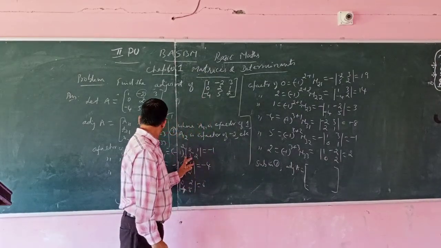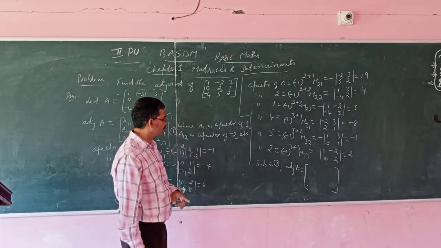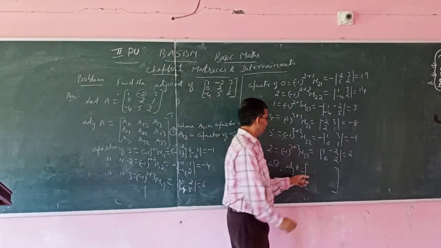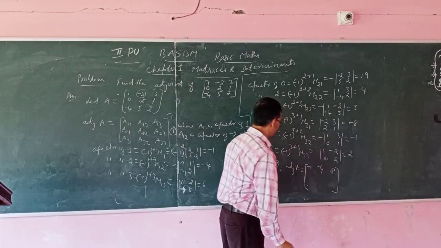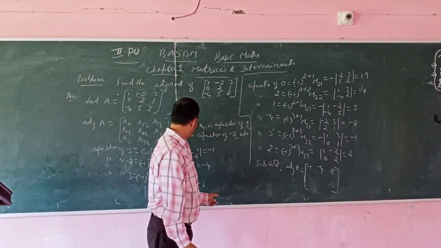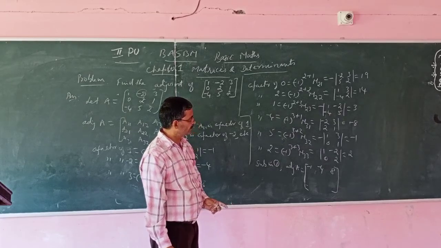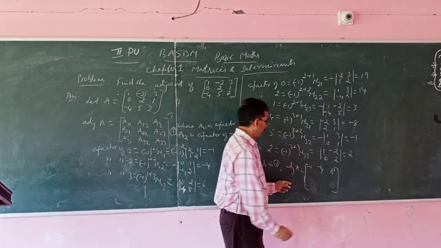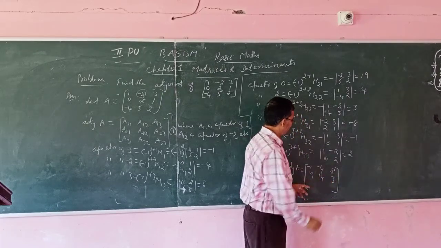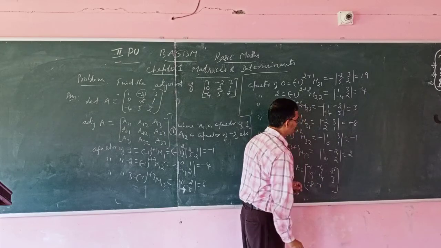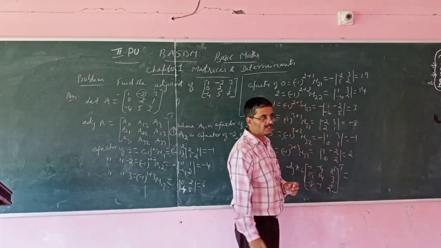First row: -1, -4, 8. Next: 19, 14, 3. Last one: -8, -1, 2. Then take the transpose of that.